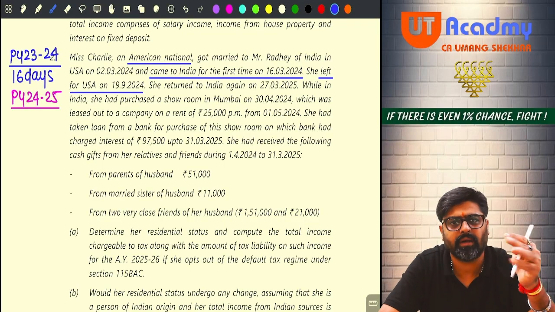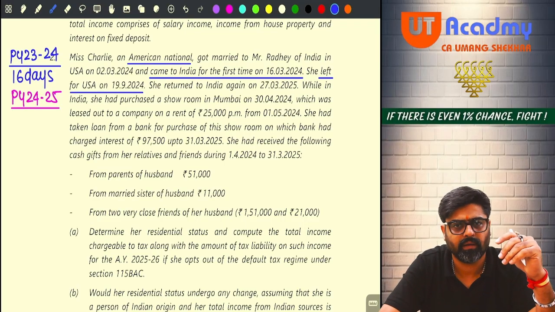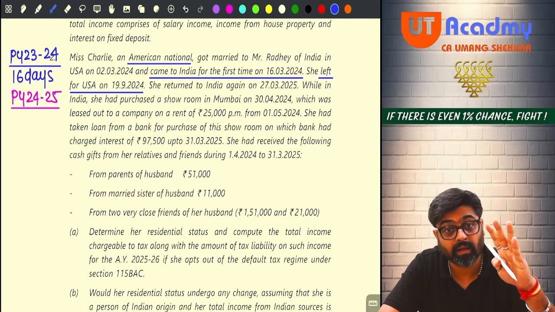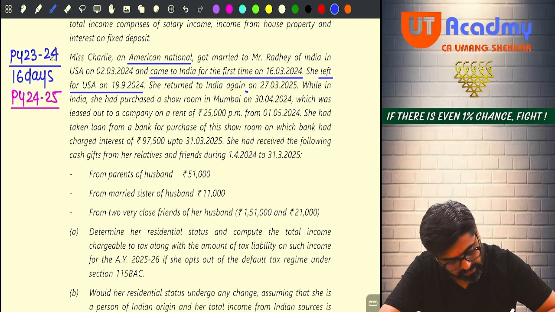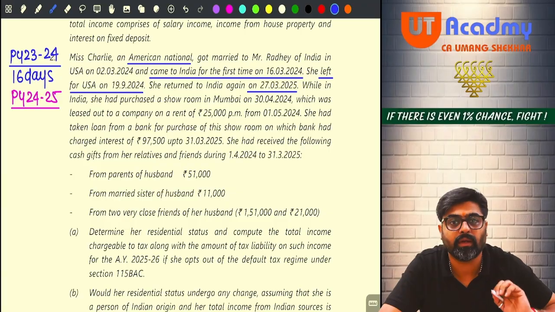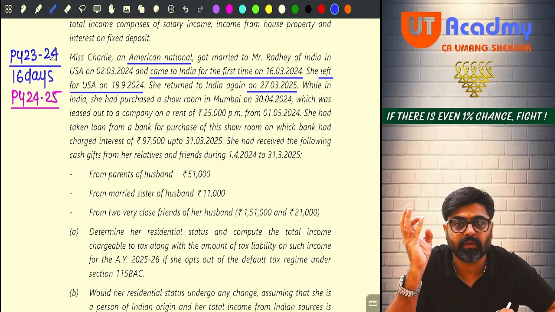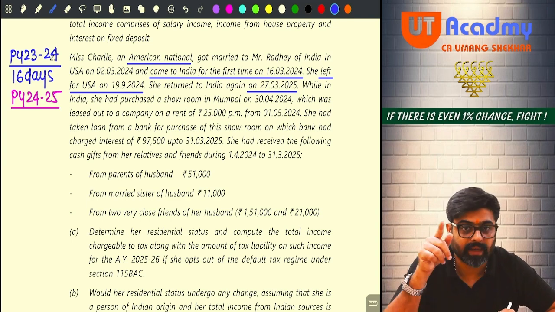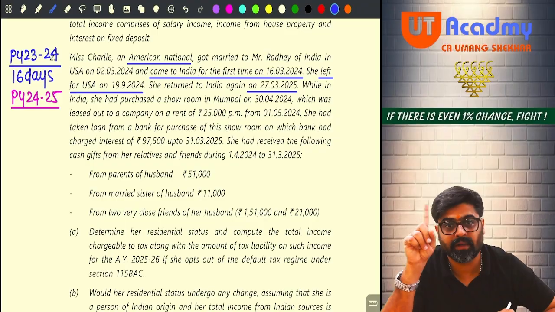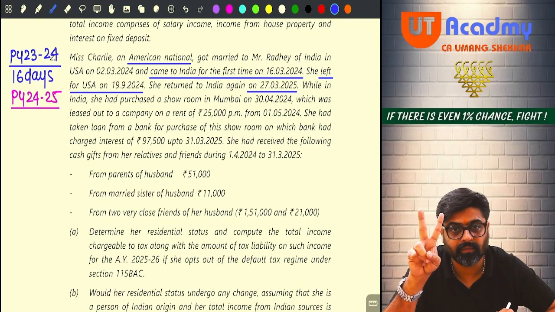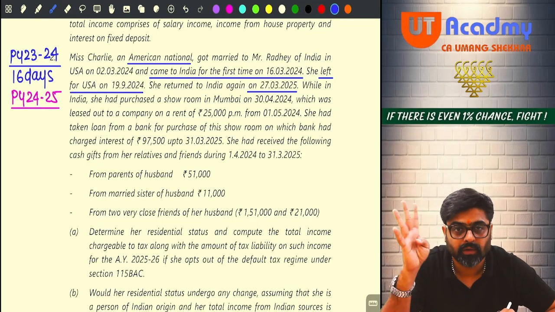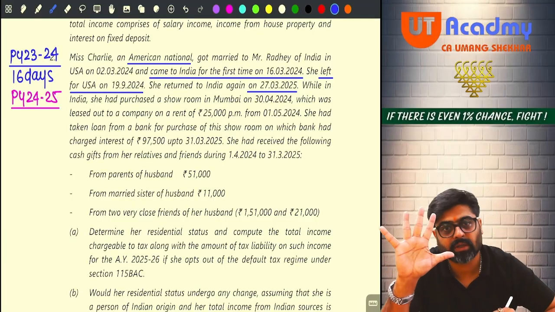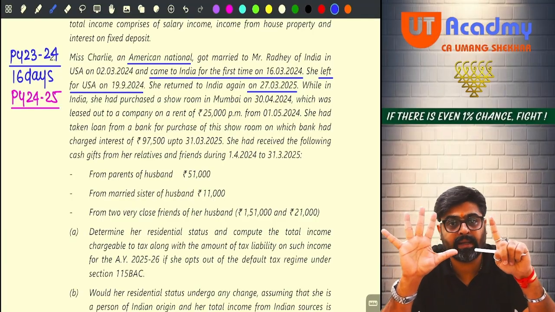Wait. After 19th she is not in India, but she is again coming back to India on 27th March 2025, this year only. So 27, 28, 29, 30, 31, 5 days more she has come to India. So can I say starting from April 30 days, May 31, June 30, July 31, August 31, September 19 days.